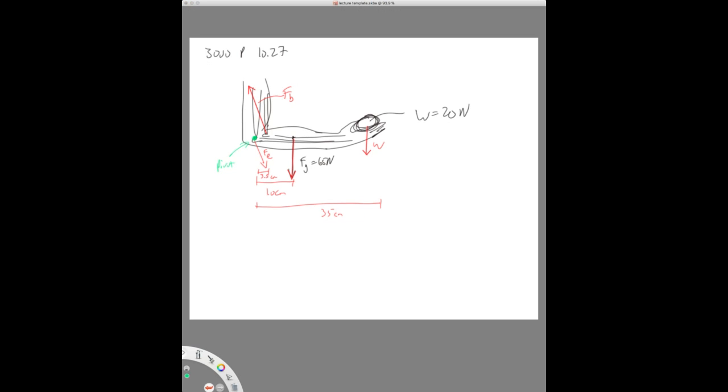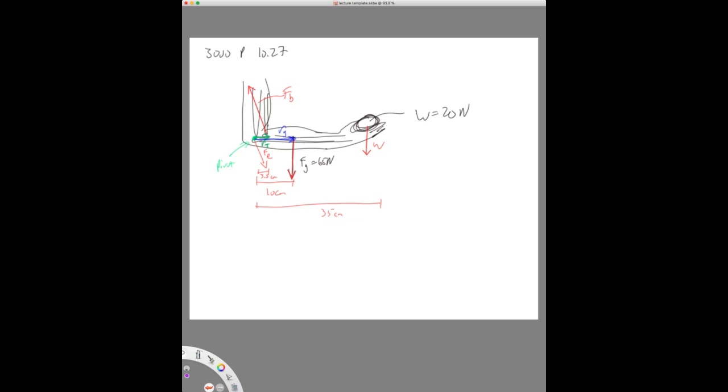So we're going to call that our pivot point. And when we do that, we can draw in R values. There's going to be one R value here, which we could call R for tension. And then we're going to have a separate R value that comes along here, which we can call RG, from the elbow to where the center of gravity of the arm is.